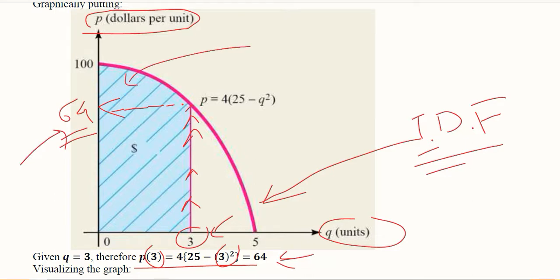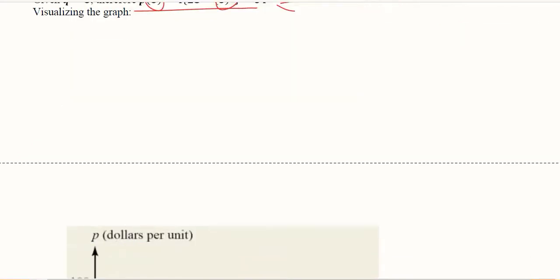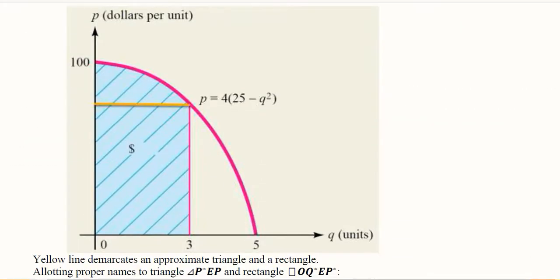This highlights the consumer's willingness to pay within the range of 0 and 3 units of output, and you can see it is shaded in the blue color. Now we are going to visualize the graph like this. As you can see, we have done the same thing as before, developing the equilibrium output as well, which was 64.